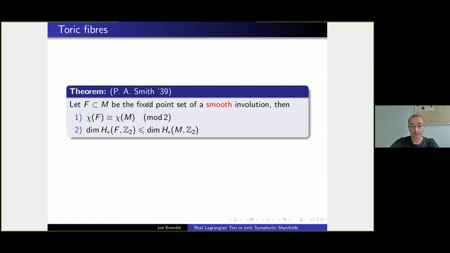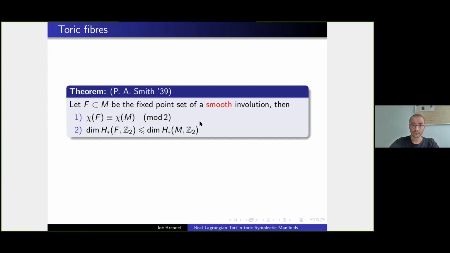It tells you that if you want a set to arise as a fixed point set of a smooth involution, then you have certain conditions which have to be satisfied, namely the Euler characteristic of the fixed point set and the ambient manifold has to agree mod 2, and the total dimension of the homology of the fixed point set has to be bounded by the total dimension of the homology of the ambient space. So this says that the fixed point set cannot be more complex in a topological sense than the ambient space.